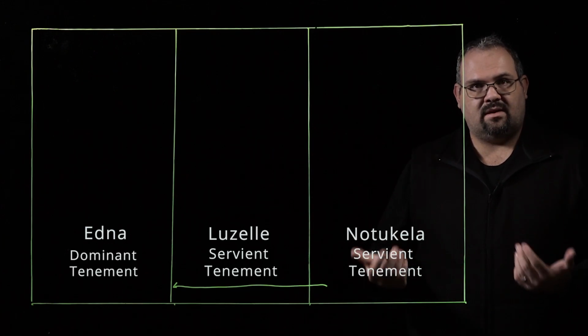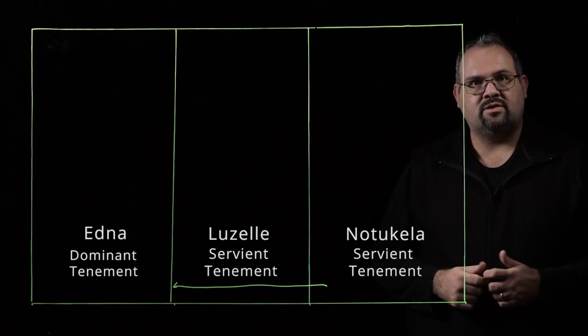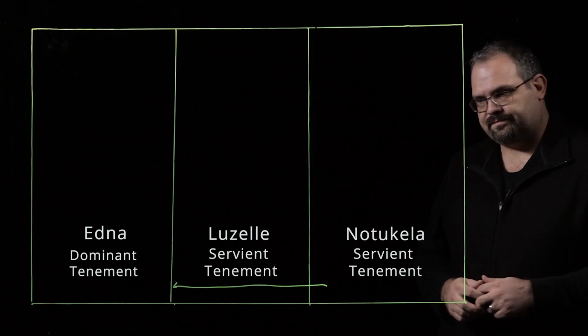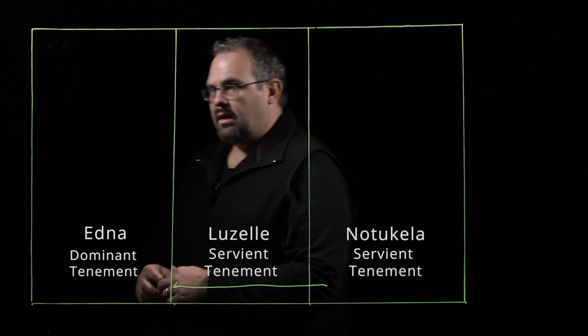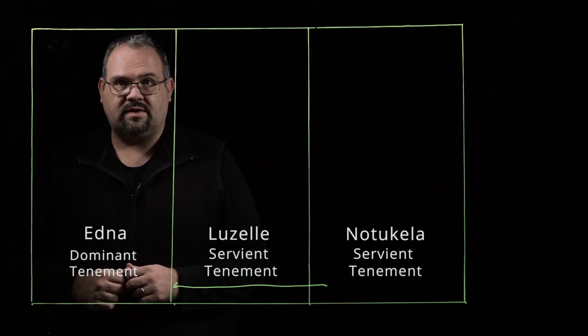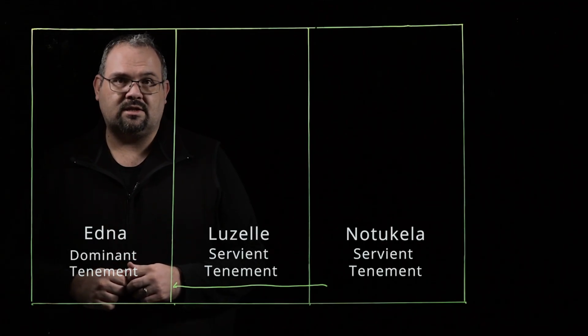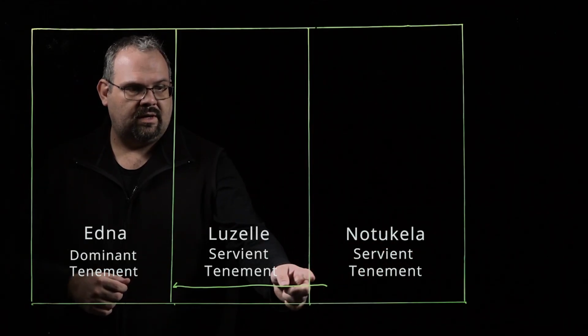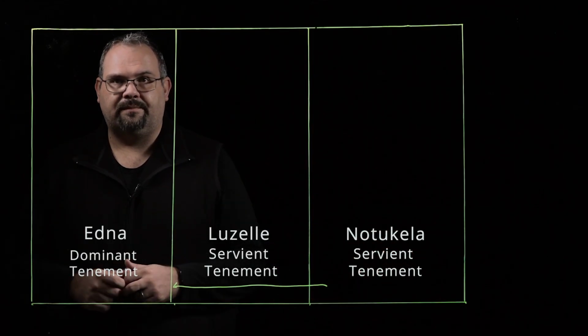Now, we've laid the pipe, but we've created 2 servitudes. The servitudes are as follows. From Edna's perspective, the first servitude that she has is a servitude of drawing water from Notukela's property over this little distance over here.